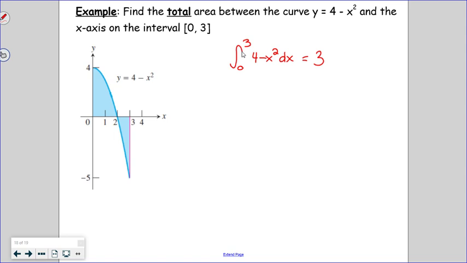Yeah, that little phrase up there that says total area doesn't want you to talk about whether something is negative or positive, but an integral does that, doesn't it? It adds positive areas, but it subtracts negative areas. Remember the conversations we had a lot first semester about displacement versus total distance traveled?